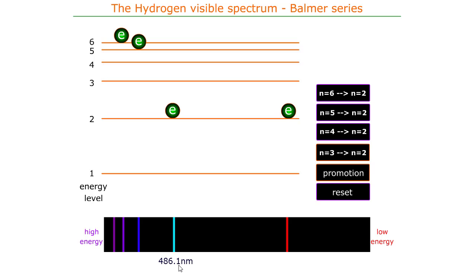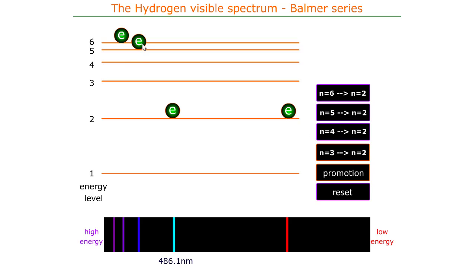The wavelength is less because the energy is more. The relationship between energy and wavelength is E equals hc over lambda, where h is Planck's constant, c is the velocity of light, and lambda is the wavelength. So as the energy increases, the wavelength gets smaller.